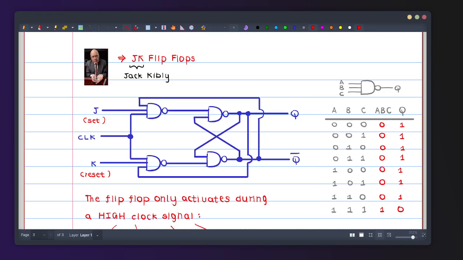So the AND gate, regardless of the number of inputs, only outputs 1 if all inputs are 1, right? So if you have A, B and C, regardless of their combinations, Q will only be 1 if A, B and C are 1. That's the only possible combination in which Q is 1. Every other combination Q is not 1, right?